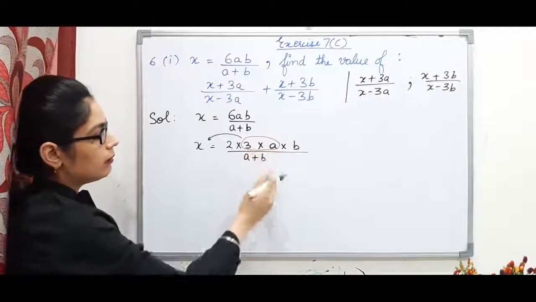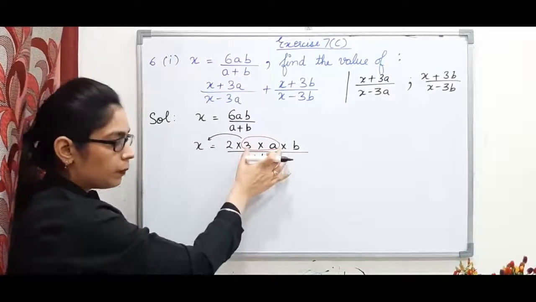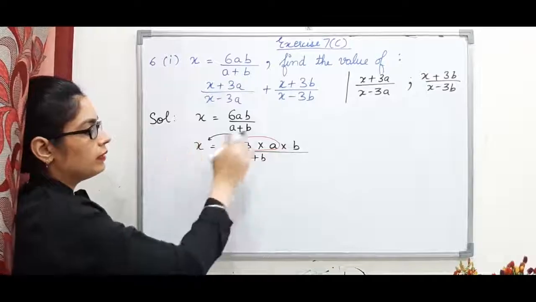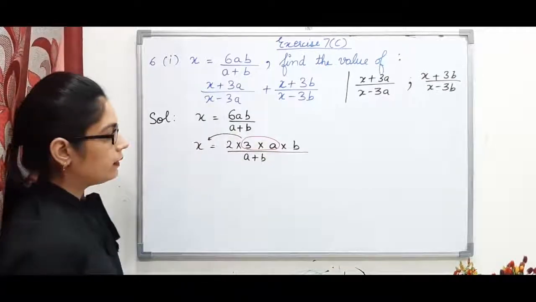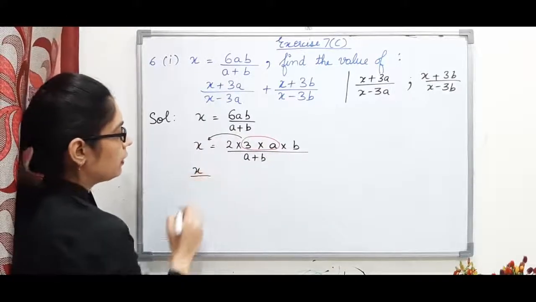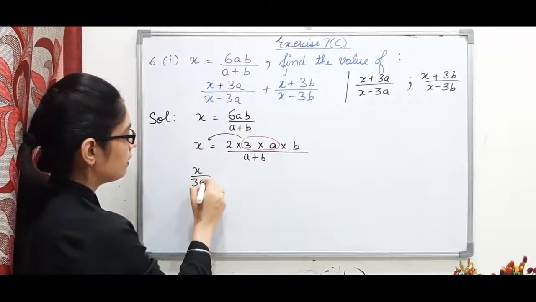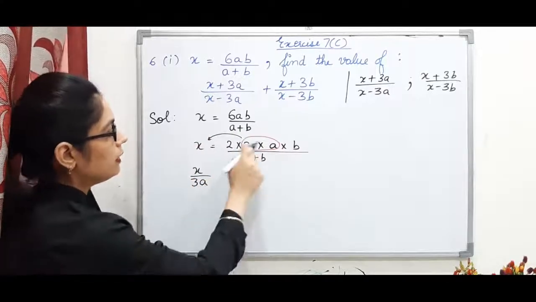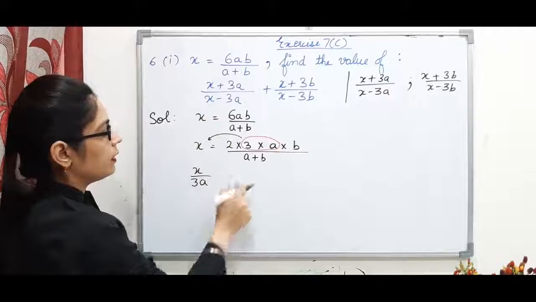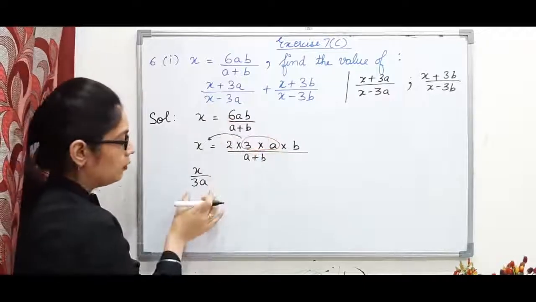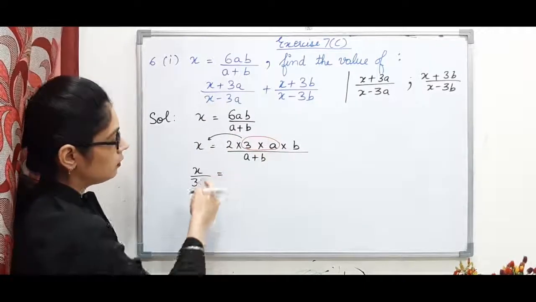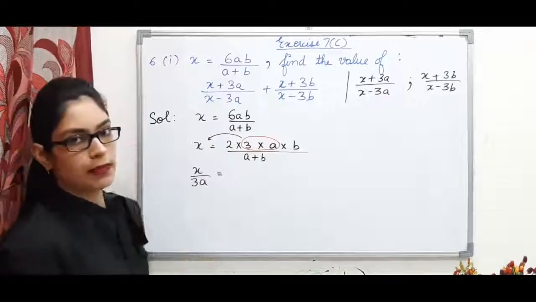So this 3a, from this side I will shift it to the other side. This side it is getting multiplied, so when I shift it to the other side, it will get divided by x. So 3a from here I shifted here, it was getting multiplied, now it comes in the denominator and it will get divided by x.